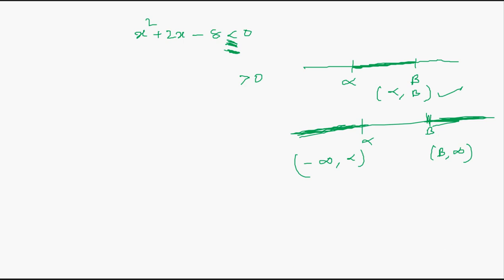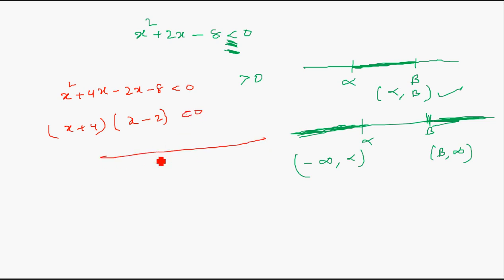So what are the factors of this? The factors of this are 4 and 2, right? So x square plus 4x minus 2x minus 8 is less than 0. So basically we will get x plus 4 and x minus 2 is less than 0.